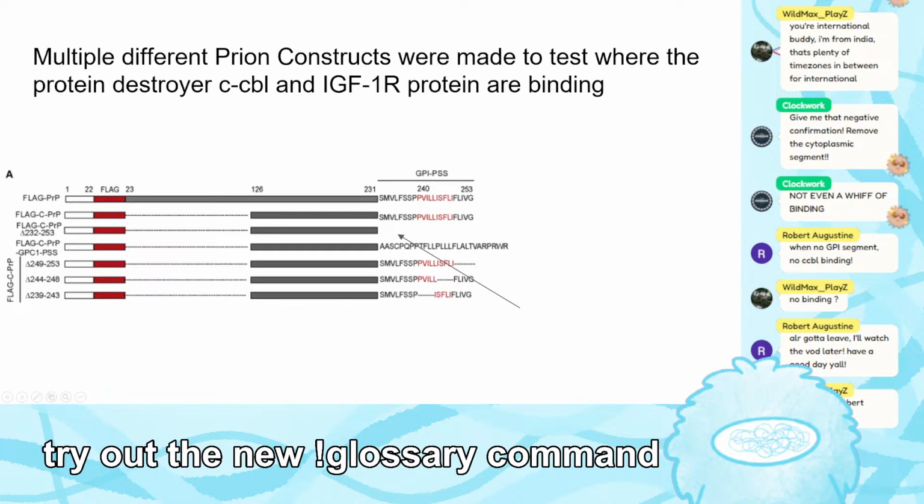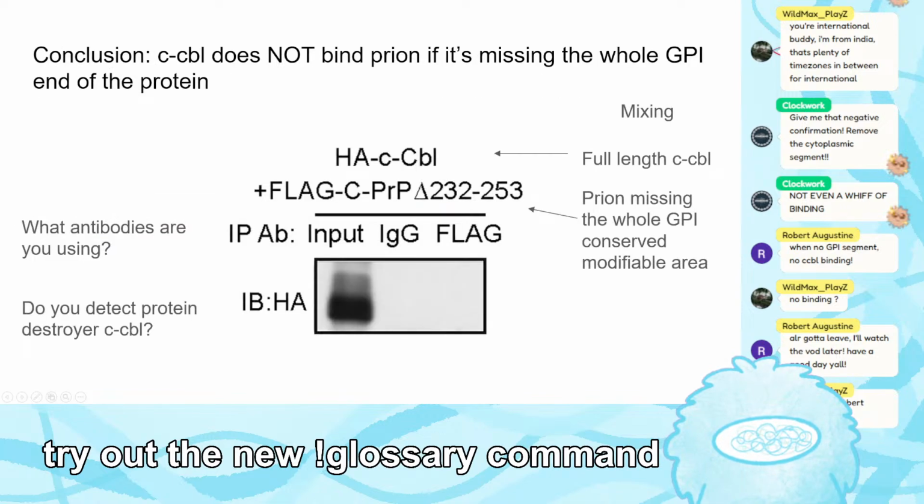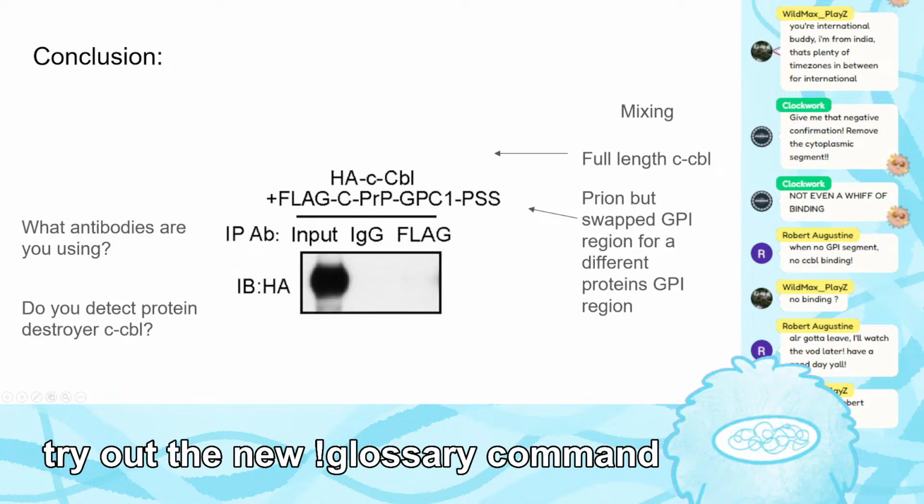Now we have some of the weirder constructs. This is the prion protein, but you swapped that cytoplasmic part of the protein for a different protein's GPI region. What can we conclude here?